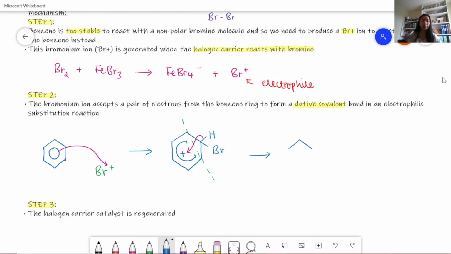So then we get benzene, but now attached to this bromine, and we get an H plus, which has been substituted out. And so our product is bromobenzene.